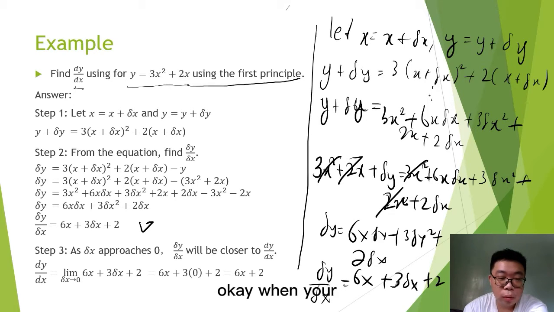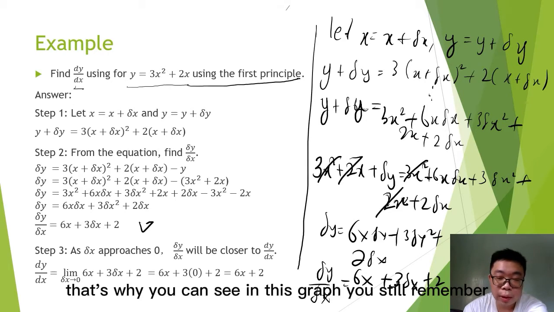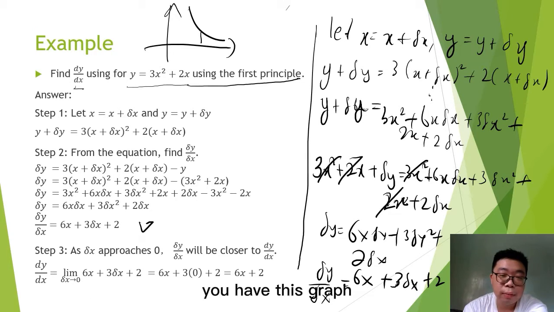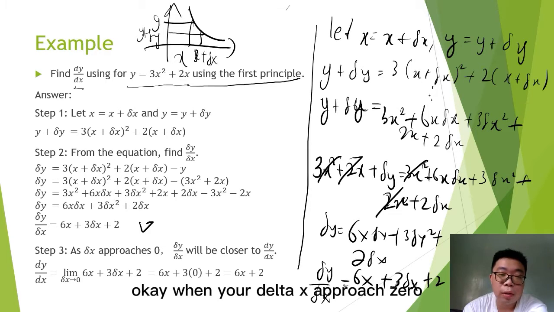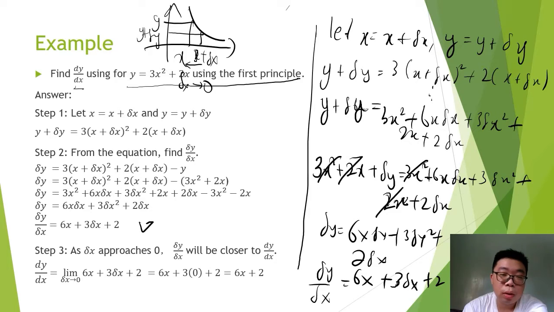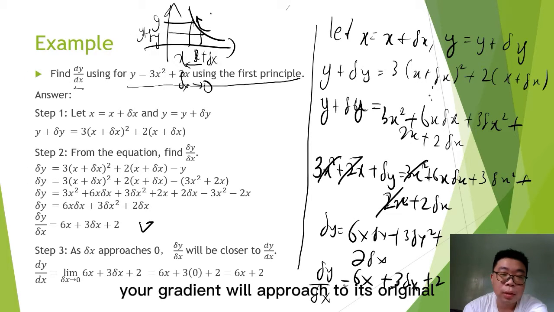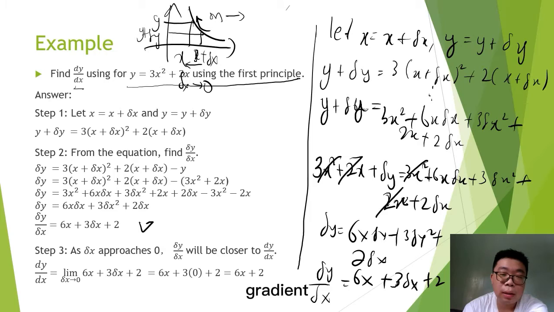Okay, when your delta x approaches 0, as you can see in this graph, you still remember, your gradient will approach its original gradient.